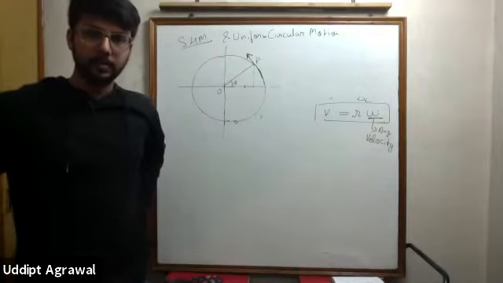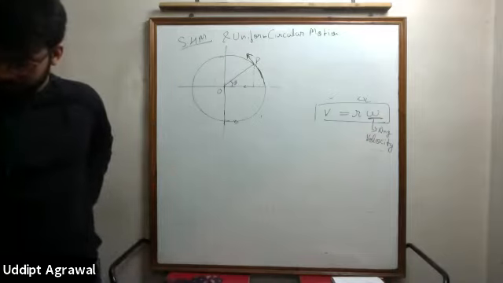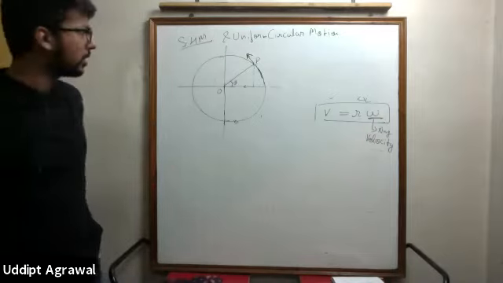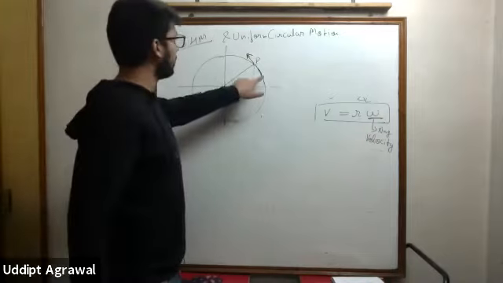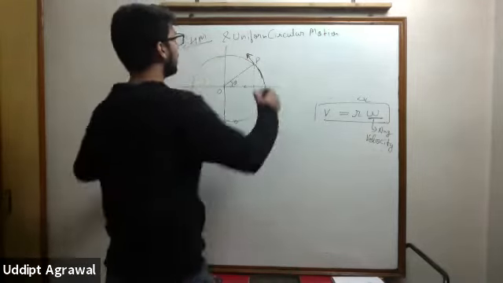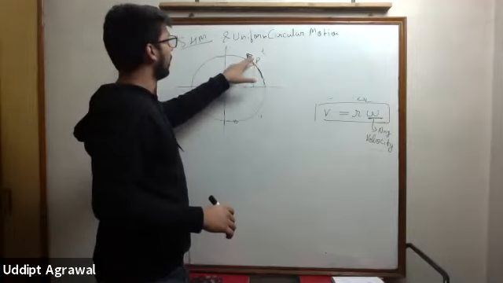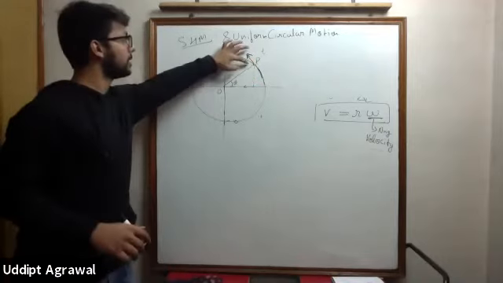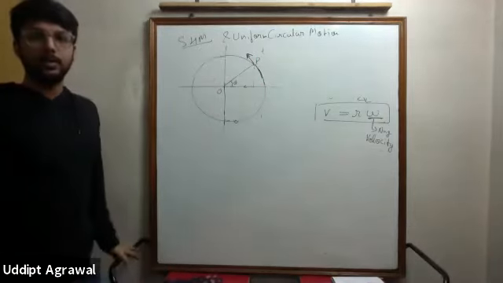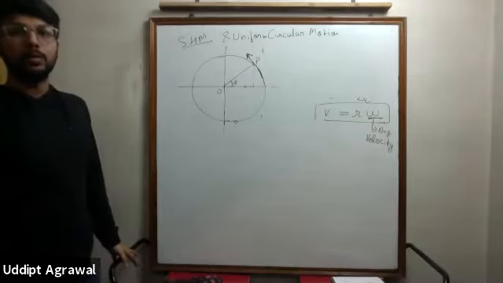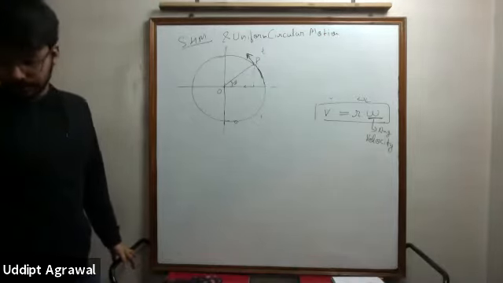In the circular motion, it should be the circumference, right? No, circumference means the whole thing. I'm just saying in a span of t, if this is t0, if I want to move in t, just for a small amount of time, what is the distance that this point will travel? What would be the distance?